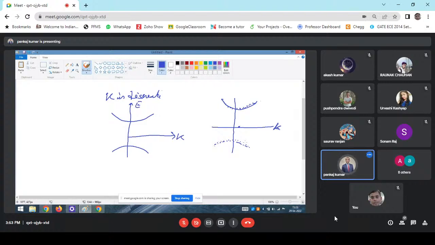So in this way, we define the density of states from this E-K diagram. And what is k here? k is a vector. k is the propagation vector, and it corresponds to 2 pi upon lambda, where lambda is the de Broglie wavelength.